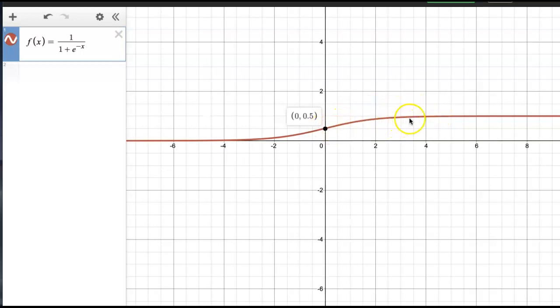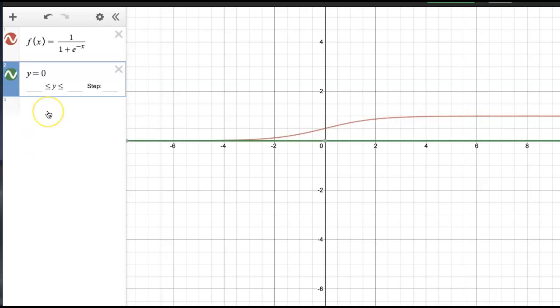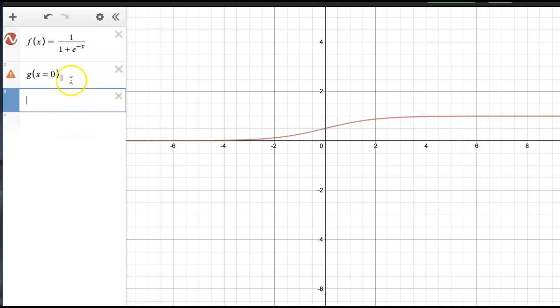And there's my y-intercept, and then of course, if you want to sketch your horizontal asymptotes, you can say, well, y is equal to 0. Oops, sorry. Let's just say g. Maybe I could do g of x is equal to 0. There we go.